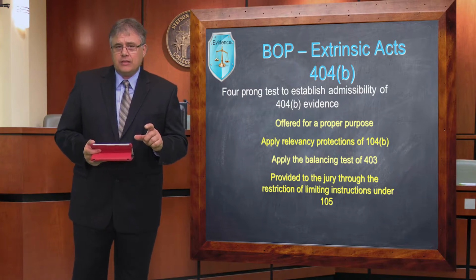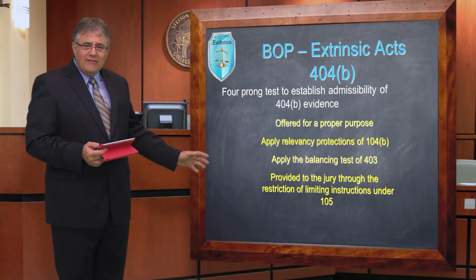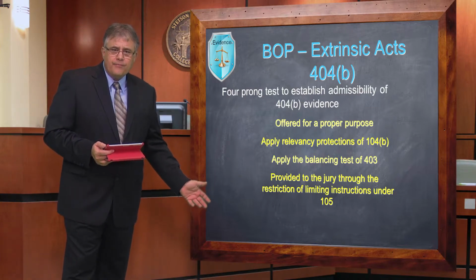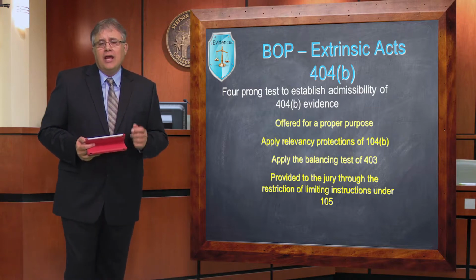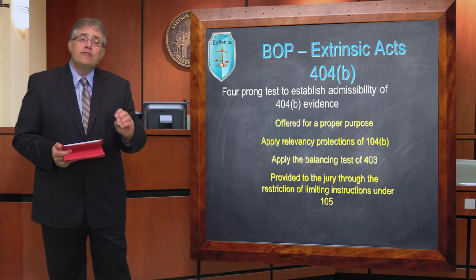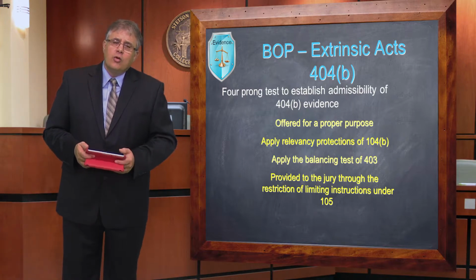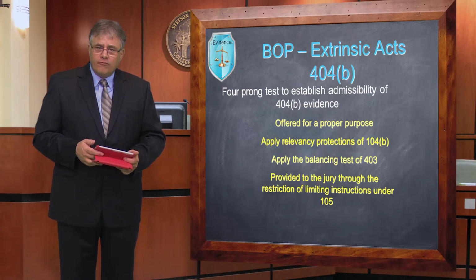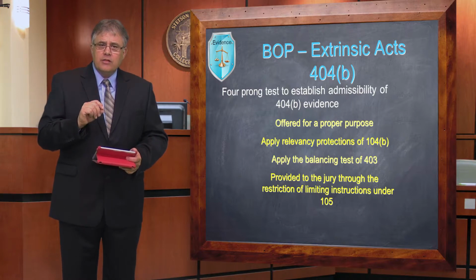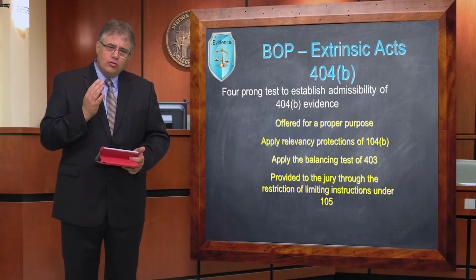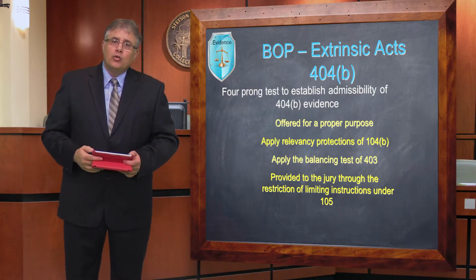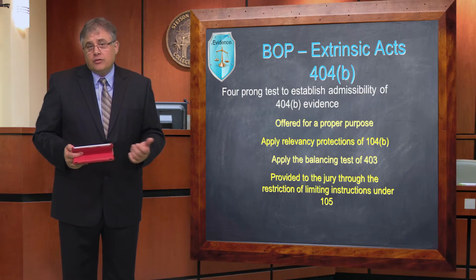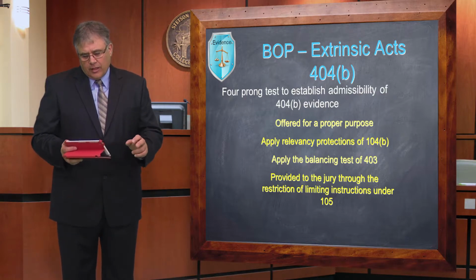And then the last piece is that when I give this evidence to the jury, I should provide a limiting instruction as to the proper purpose for the use of this evidence in accordance with Federal Rule of Evidence 105. It's important that all four of these steps are properly followed in order to ensure that this evidence, when admitted, will not create an issue of potential error at the appellate level.